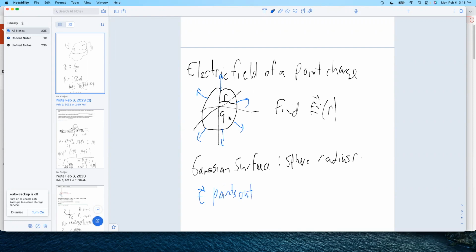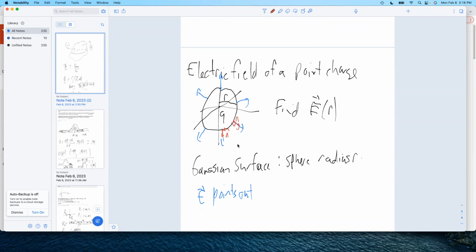Now let's look at our sphere here. I'll draw this in red. See, this is the kind of stuff I want you to write up in a complete solution. So let's find on the sphere one of my normal vectors, maybe right there. Here's a normal vector pointing perpendicularly to the surface and pointing out.